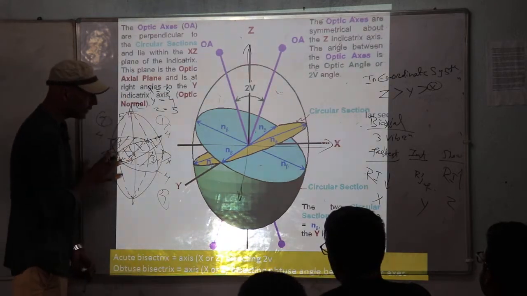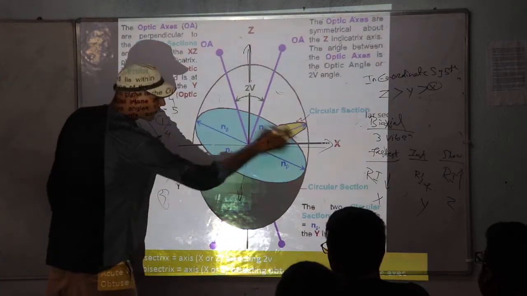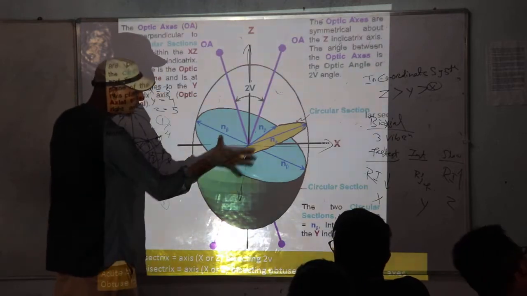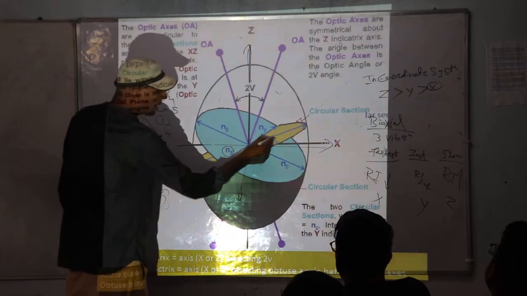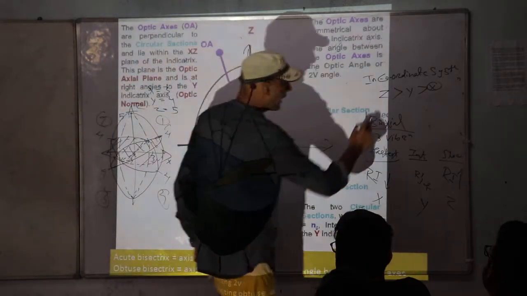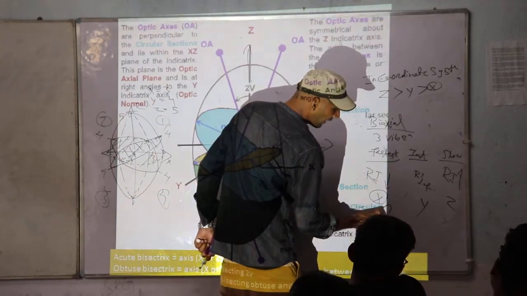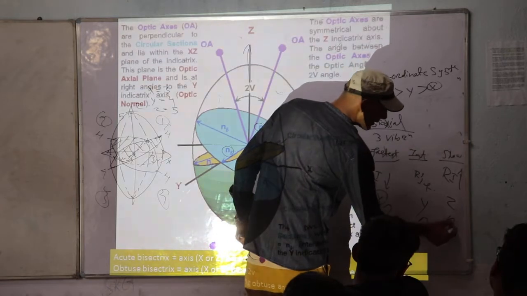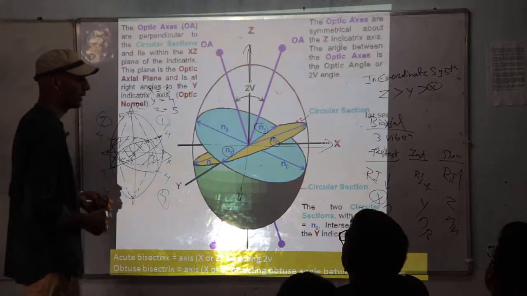Okay, so I will make it clumsy here. So you can see here, this is a circular section, this is a circular section. One is represented in yellow and another one in sky blue. So these are 2 circular sections. You can see here it is represented n beta. The x refractive index is represented as n alpha, y refractive index n beta, z refractive index n gamma, right? So n beta is the intermediate one.